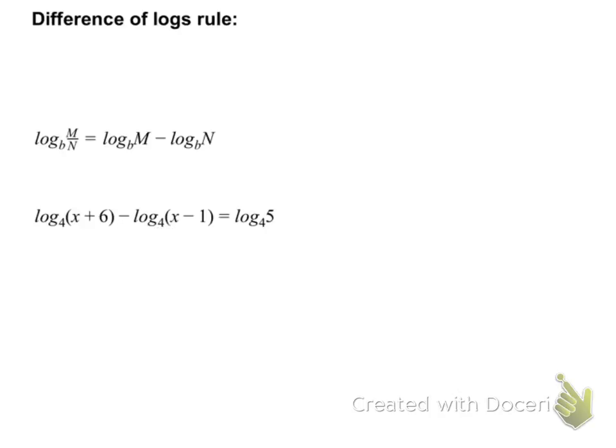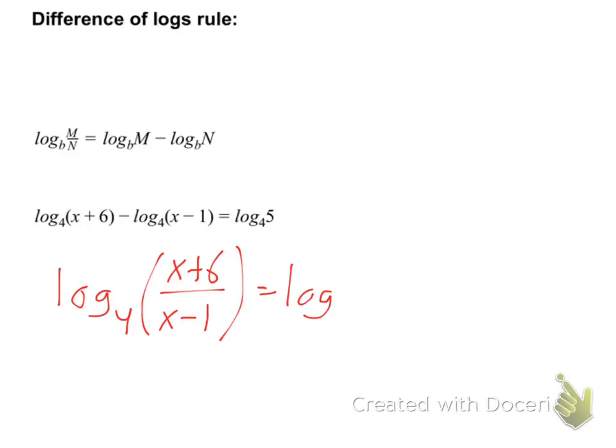So therefore, it's log base 4 of x plus 6 over x minus 1 equals log base 4 of 5. And here's a really cool thing: log base 4 of something equals log base 4 of something.